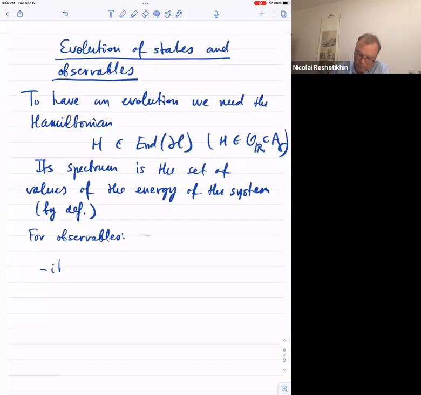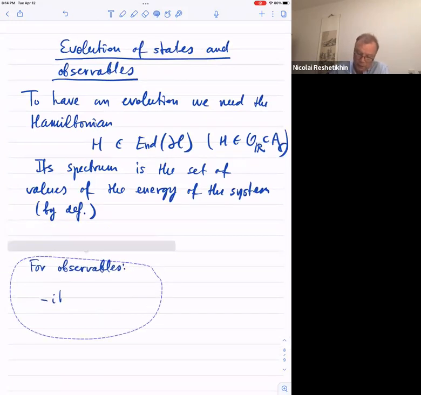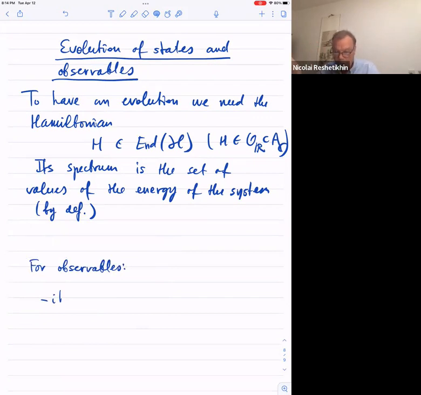So in order to define a quantum mechanical system, we have to define the algebra of observables and its representation in a Hilbert space H. We have the notion of states, but to have dynamics, we need to fix the Hamiltonian. In every physical system there is a Hamiltonian. If there is no Hamiltonian, it's the theory of nothing.